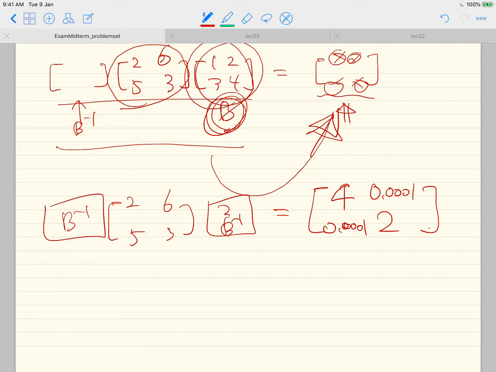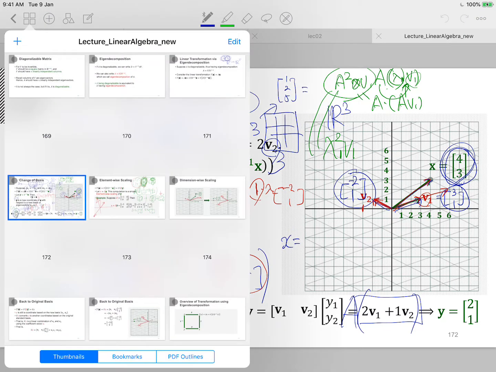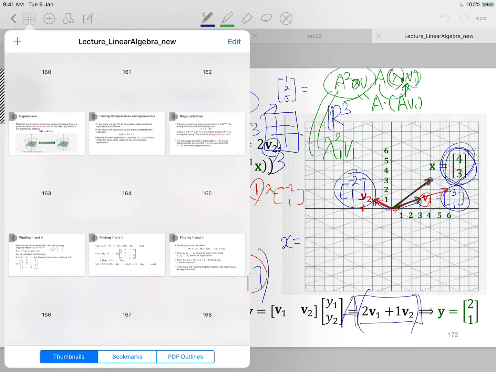Even though we didn't study that topic yet in more detail, we already studied one particular way of finding eigenvalues and eigenvectors. We first compute the characteristic equation.